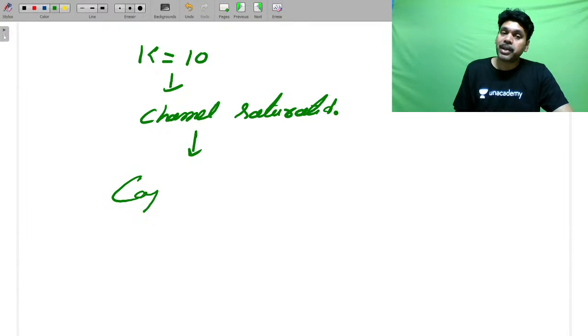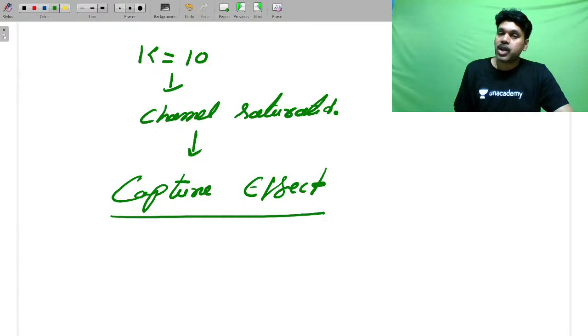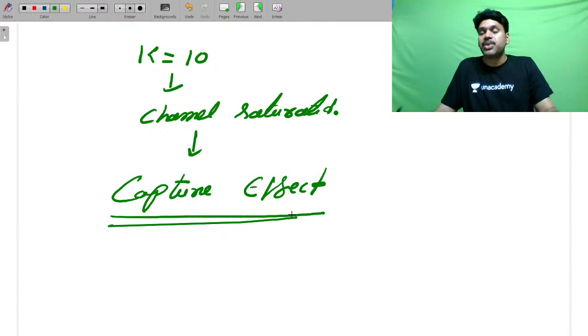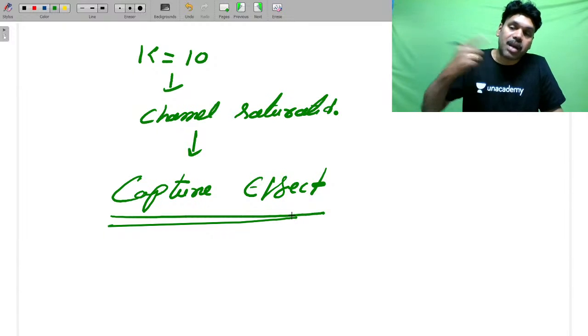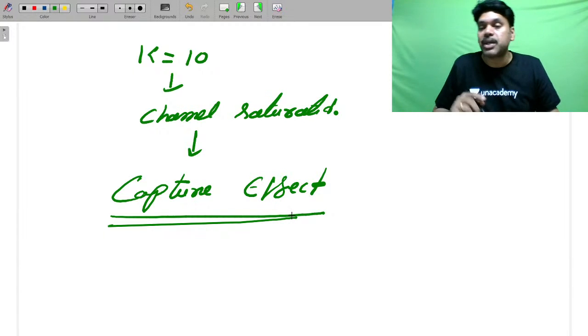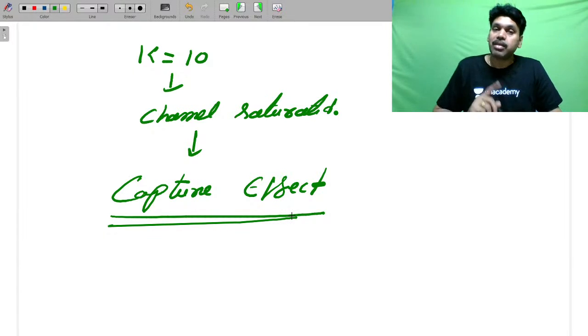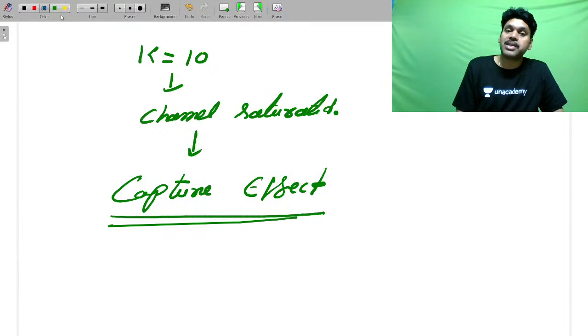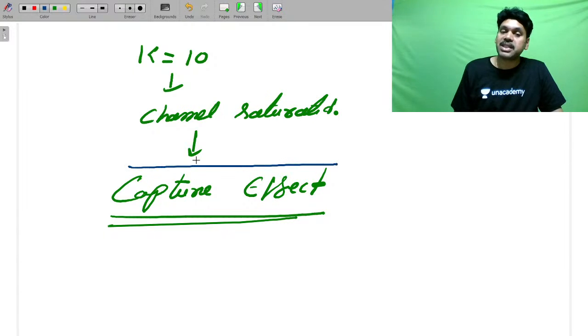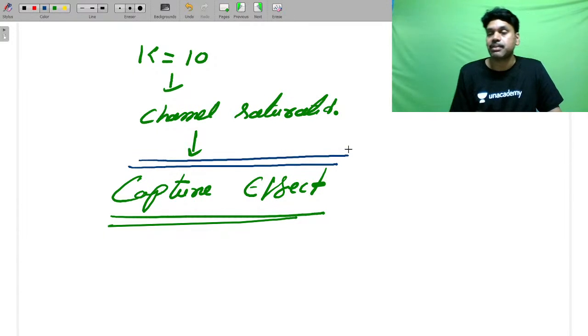Whoever chooses the 0th slot the first time, then in the next rounds, that particular node is going to win the race because of the backoff algorithm. That's why this effect is known as the channel capturing effect.